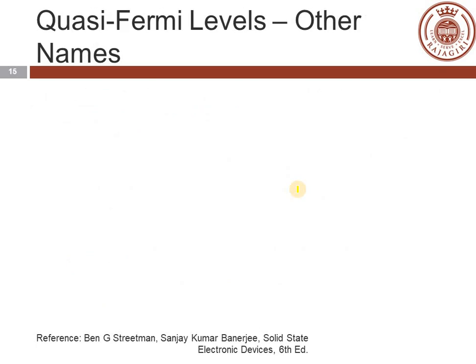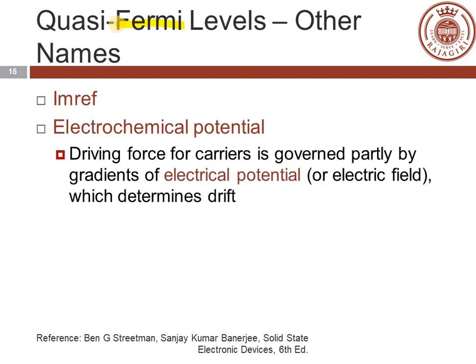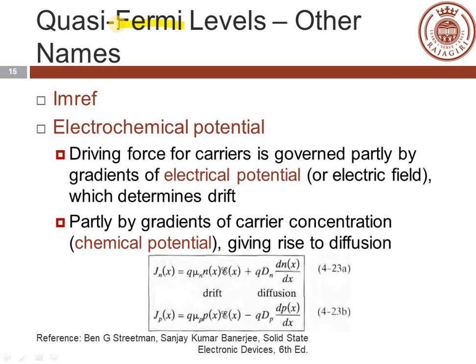We'll see other names for this Quasi-Fermi level. The first name is IMREF, which is nothing but Fermi written backwards. The second name is electrochemical potential, and we'll see the reason for that name.